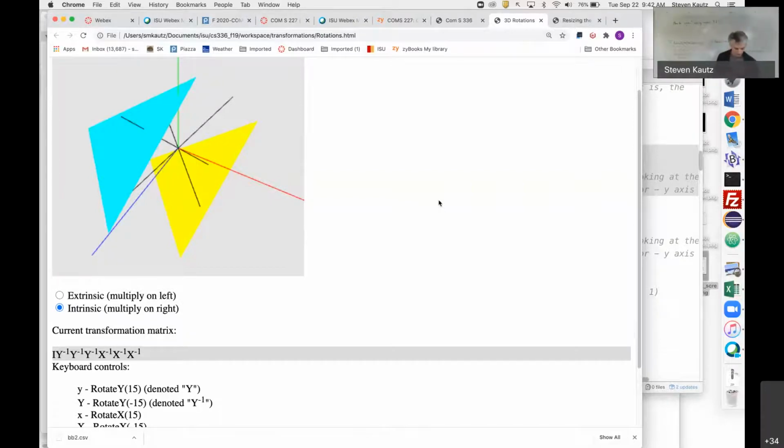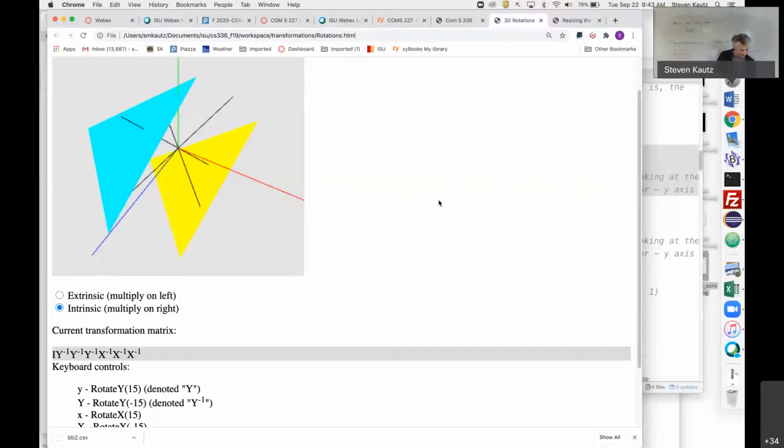And my claim was that we should be able to undo this by doing, we'll have to think about this a little bit, a 90 degree y intrinsically. So we wanted a 90 degree y.